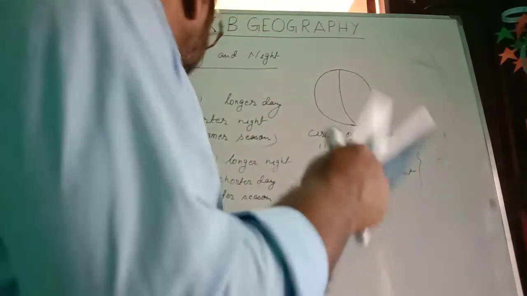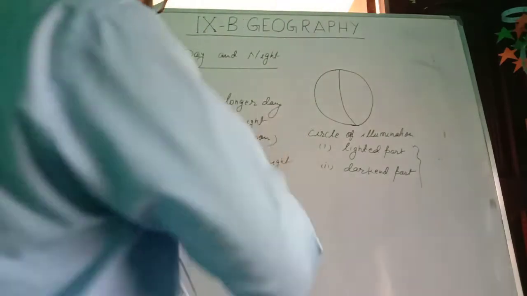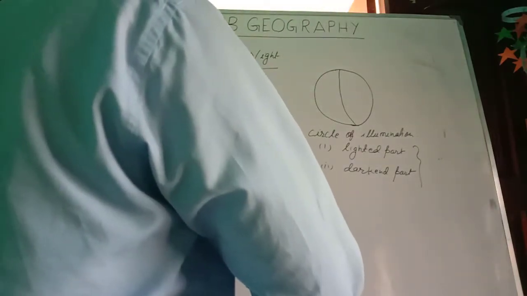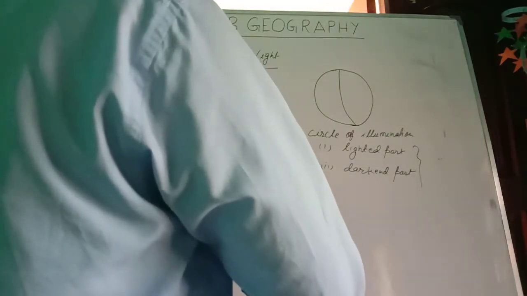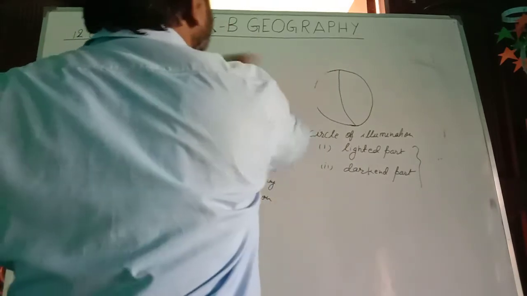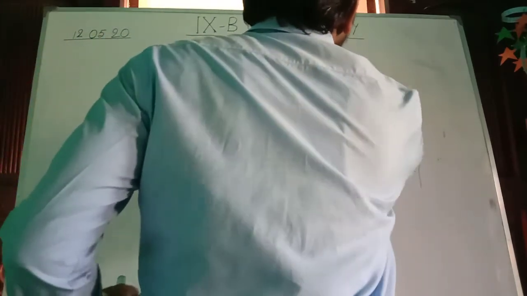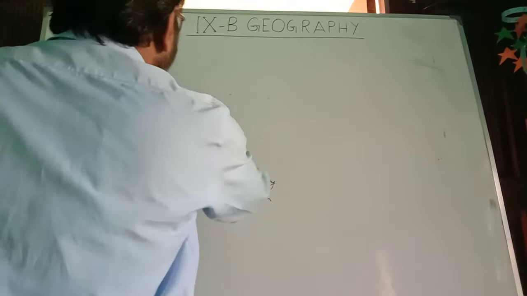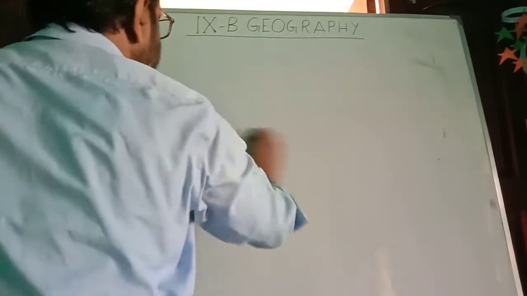Now we will see some observations that are noticed during the earth's revolution. Among those we have a few important dates. Under this topic we will study a few important dates and the phenomena related to those dates.